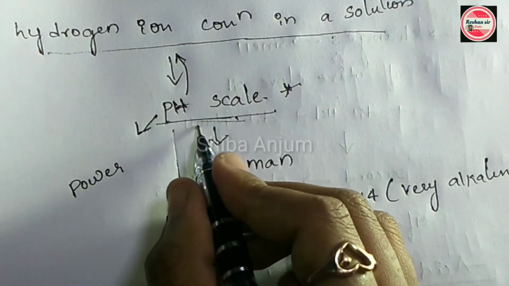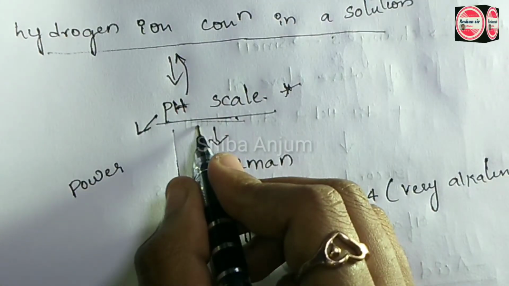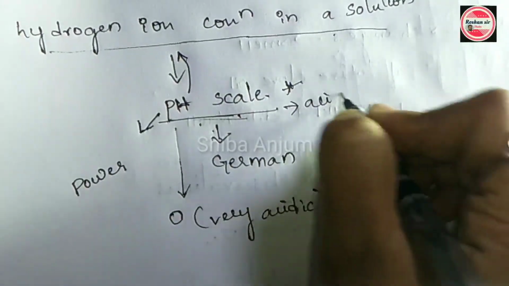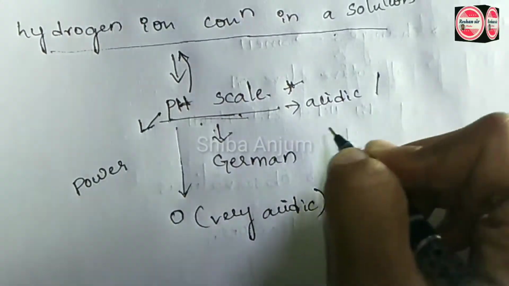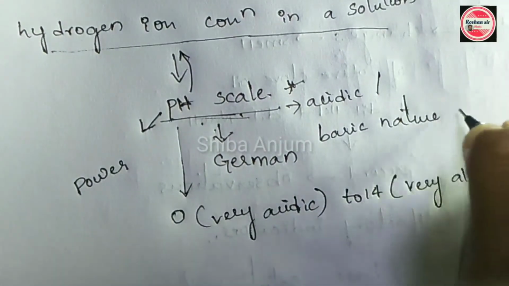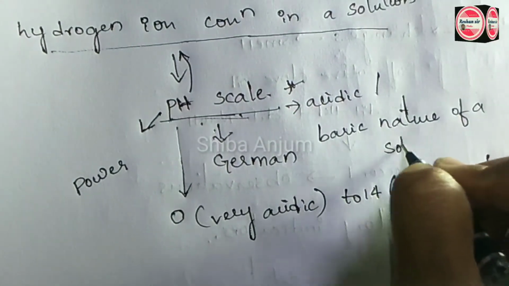pH should be thought of simply as a number which indicates the acidic or basic nature of a solution.